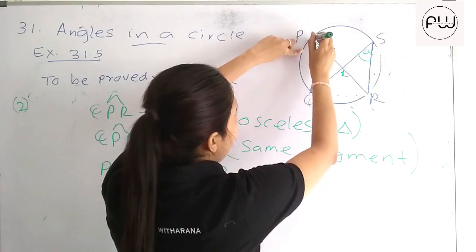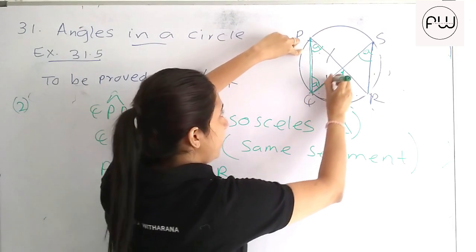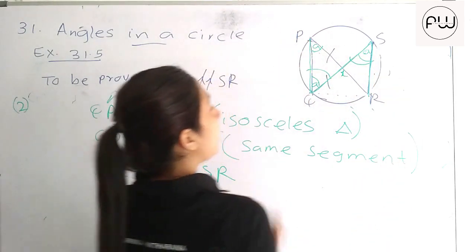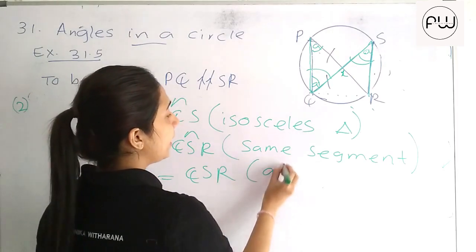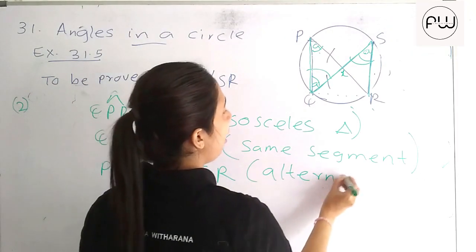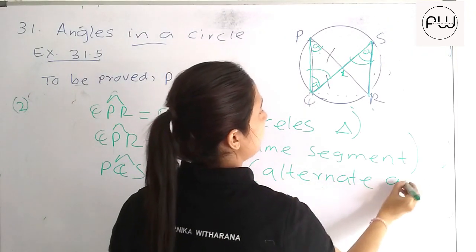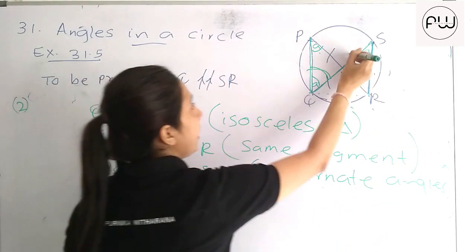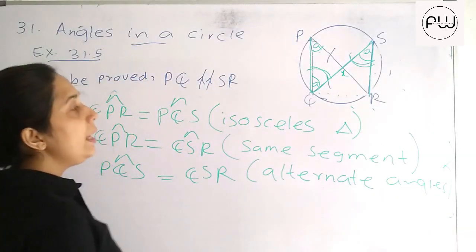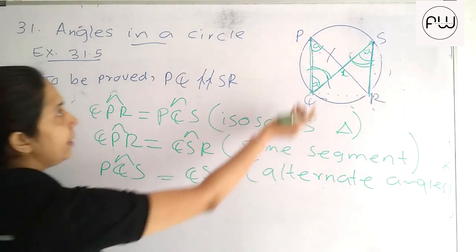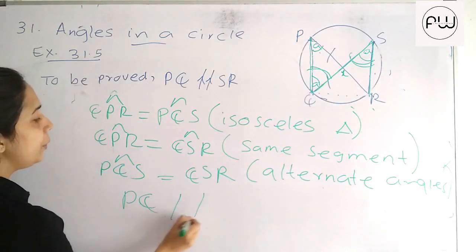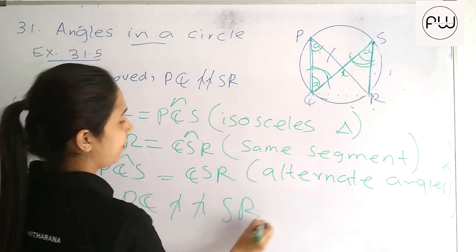And now again, carefully look, these two angles are alternate angles. Right? Alternate angles. Then when alternate angles are equal in magnitude, what happens? We can say PQ line is parallel to SR line.